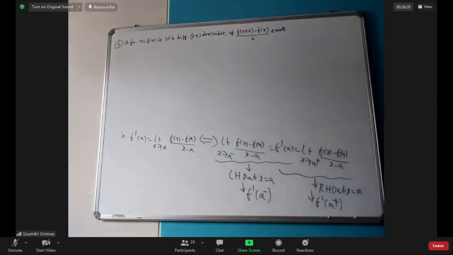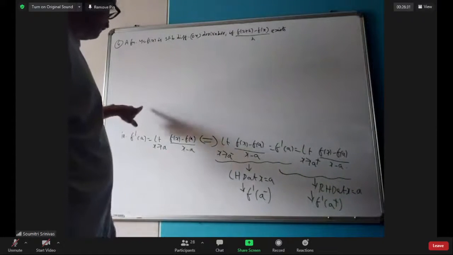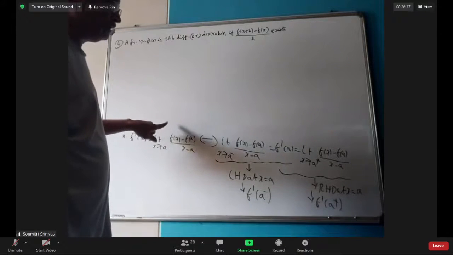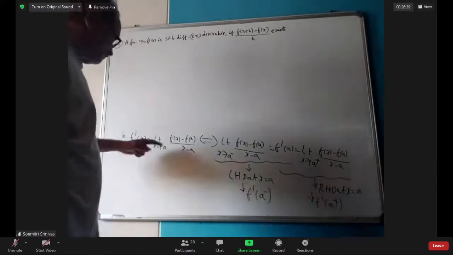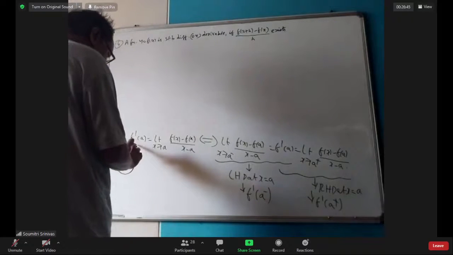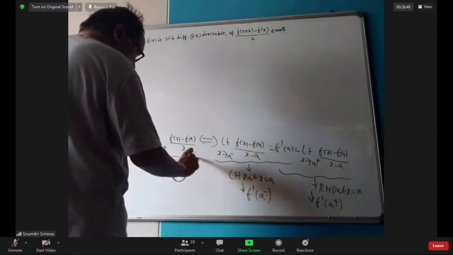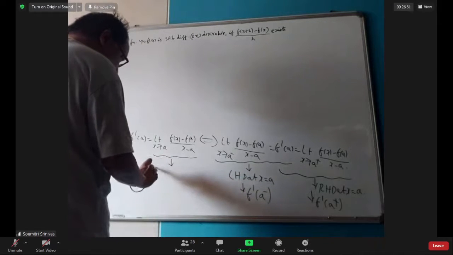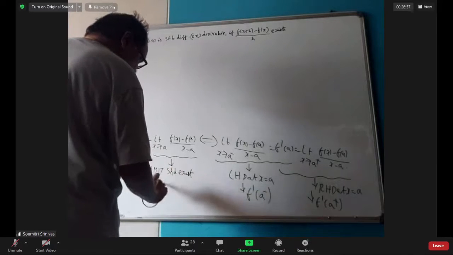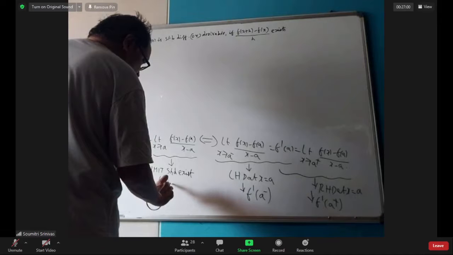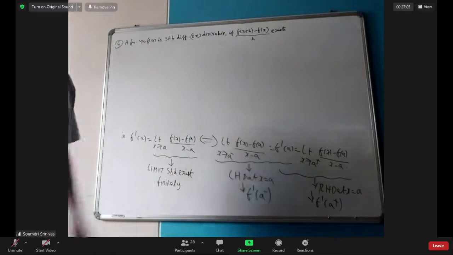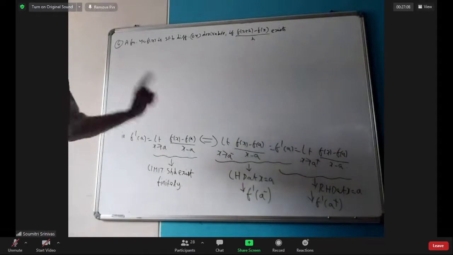Here also, we said if limit x tends to a, f of x minus f of a by x minus a exists. What was the statement earlier? This limit should exist finitely. Limit exists or not, it should be a finite real number. It should not go to infinity. Then only we say differentiable.